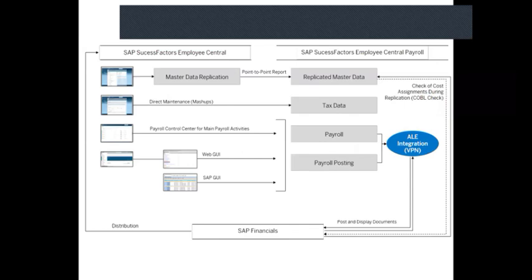This is how the structure will look. In Employee Central, we have master data that we replicate frequently, and this can be a scheduled program also. Plus we look at taxation, which is tax data, and payroll processing, and this is how the interface works. This is the complete system we are going to build for our client.